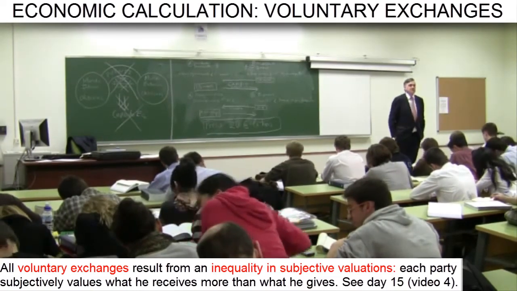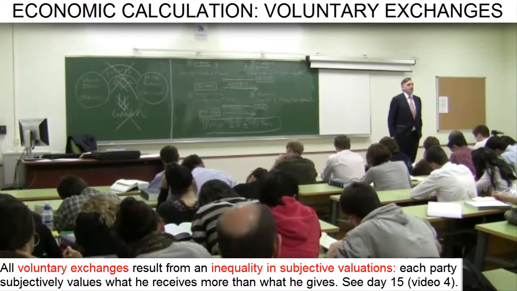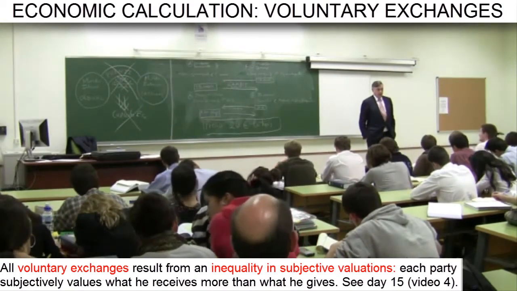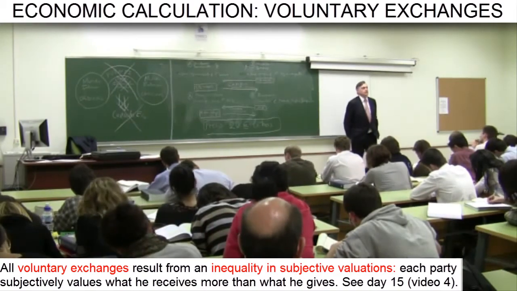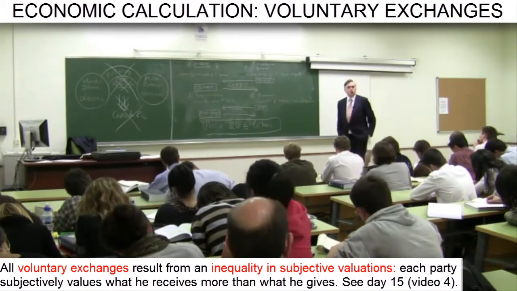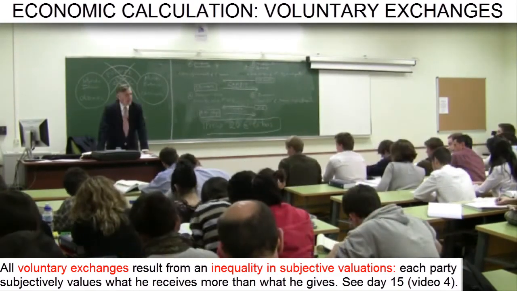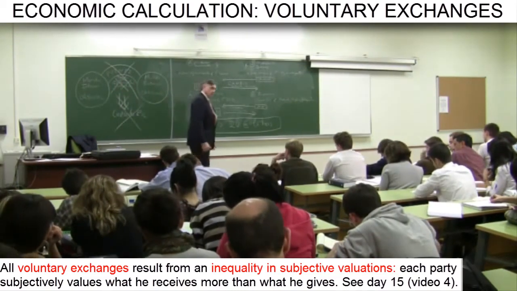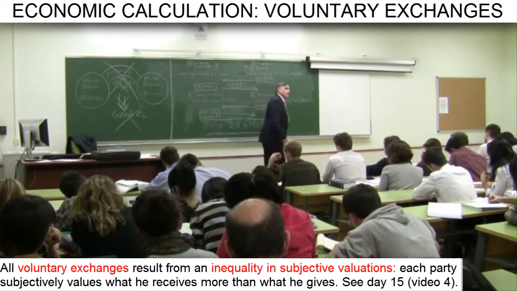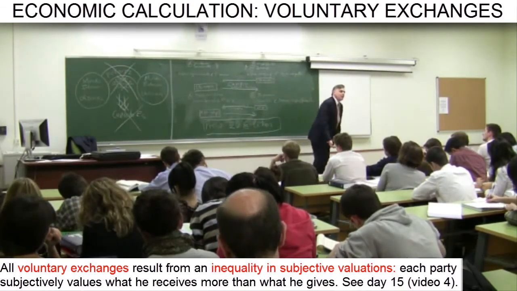If this inequality in subjective valuations does not exist, the exchange is not made. The voluntary exchange does not take place. All exchanges occur and are considered because, a priori, both parties believe they come out ahead in the exchange. If they do not come out ahead, voluntary exchanges do not take place.